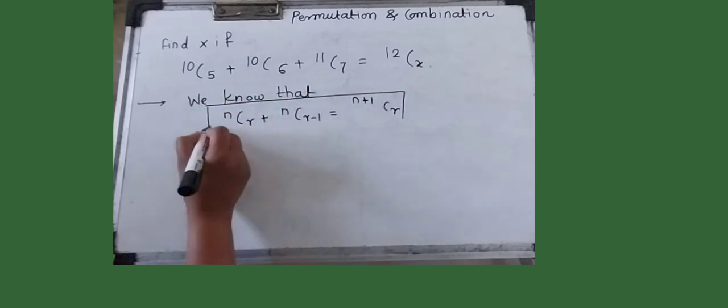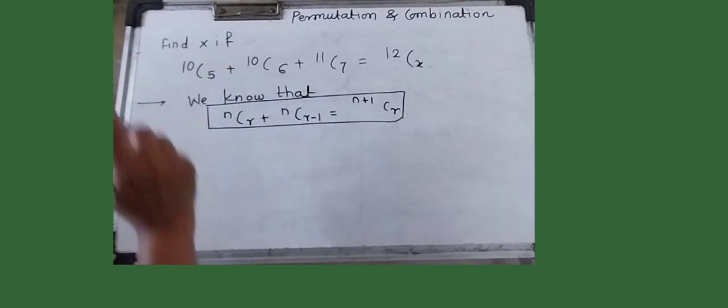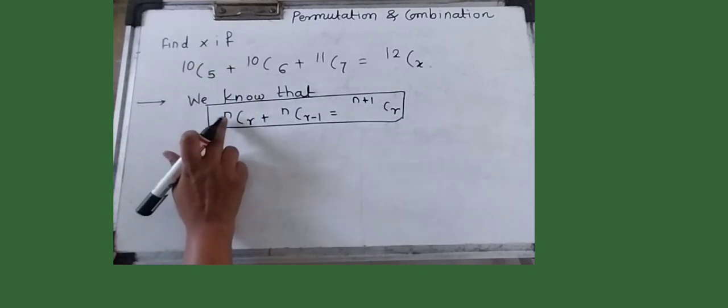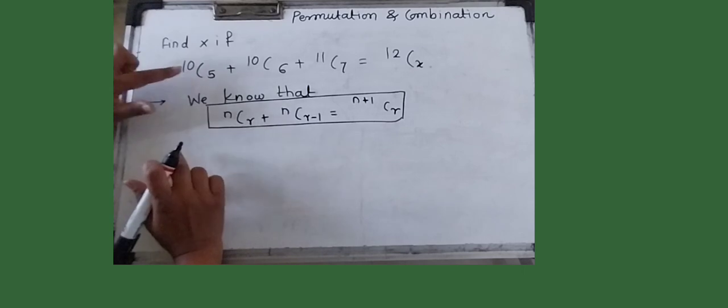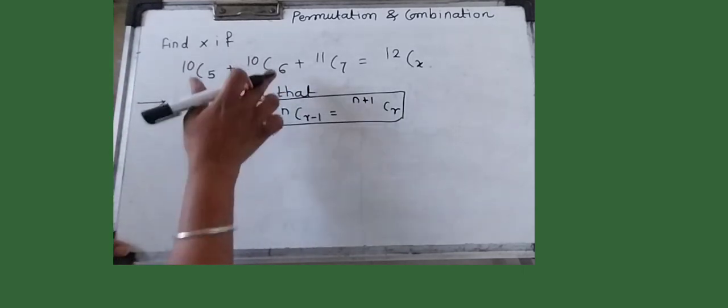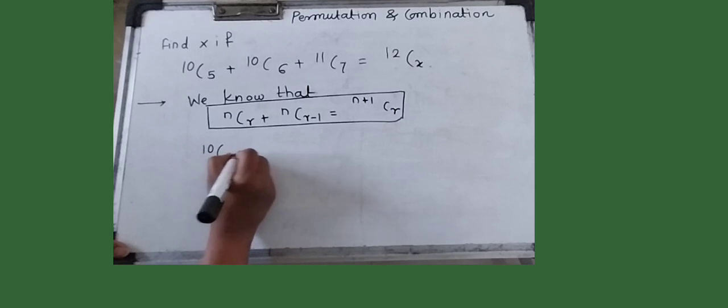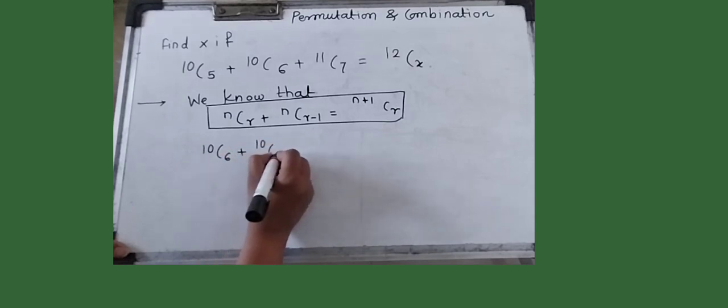By using this theorem, we apply it over this example. See, nCr, what is here? 10C6, and 6 minus 1 is 5. I write here 10C6 plus 10C5.